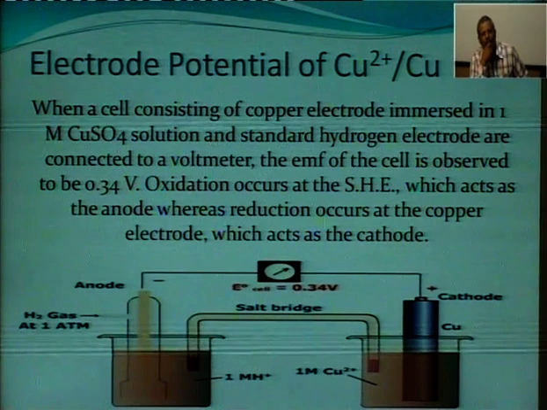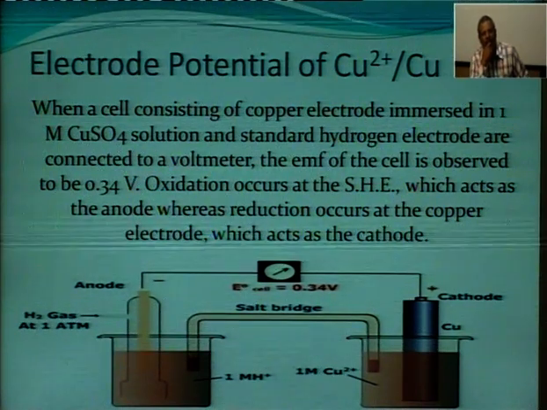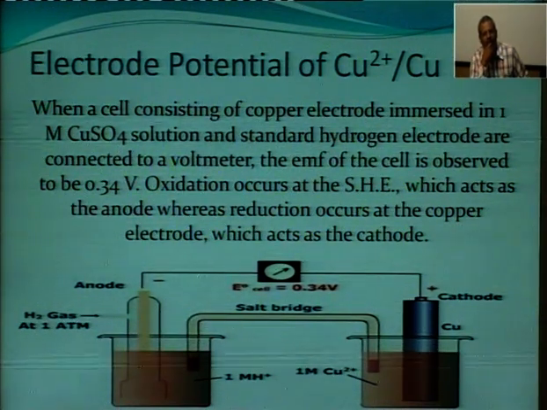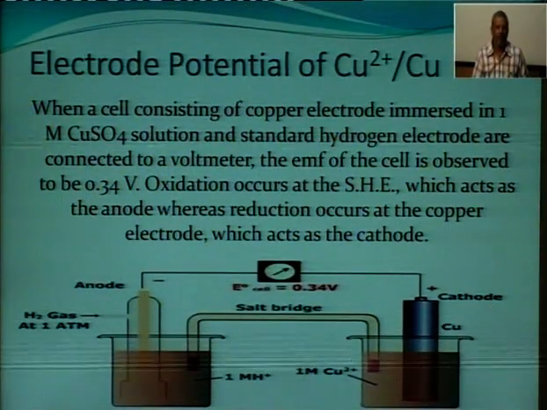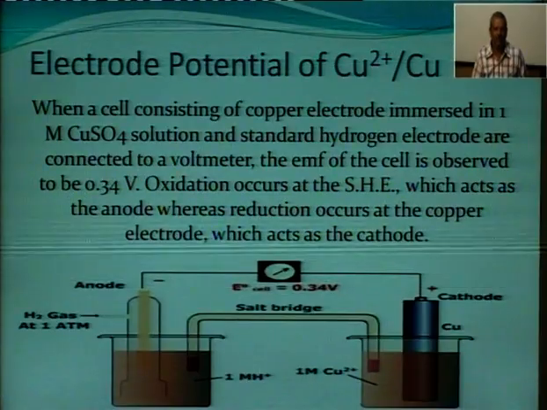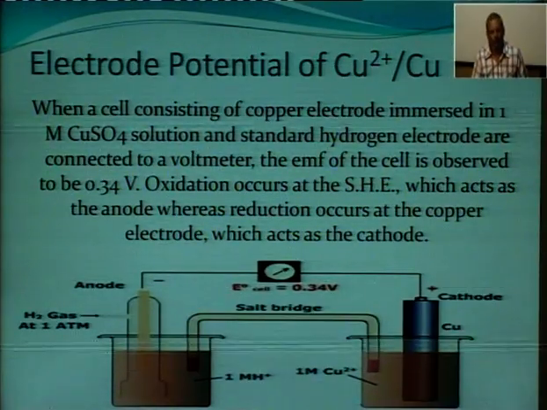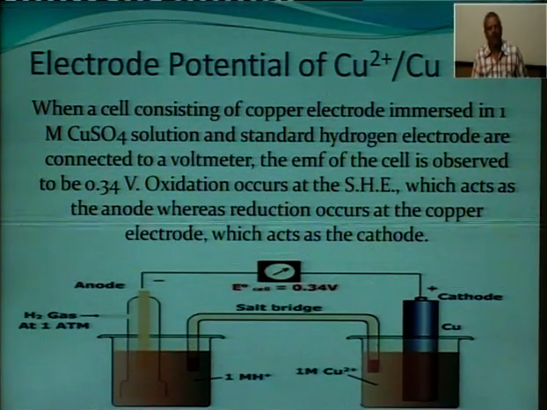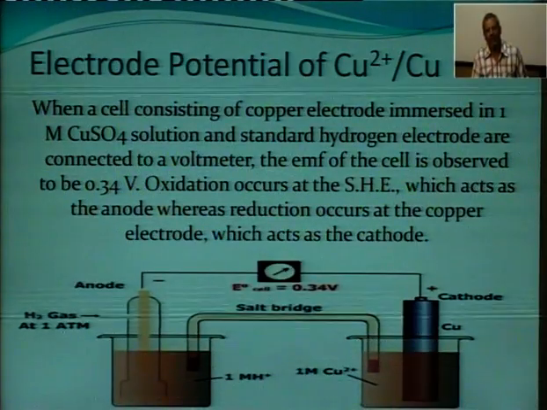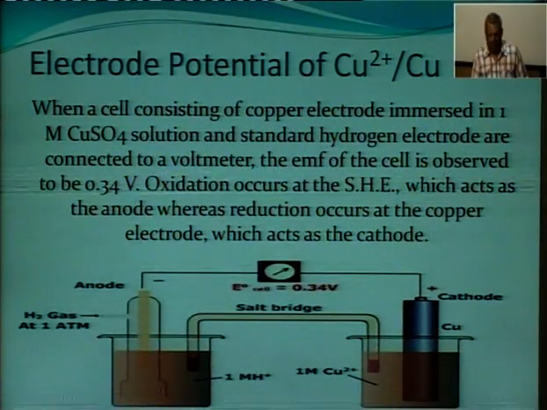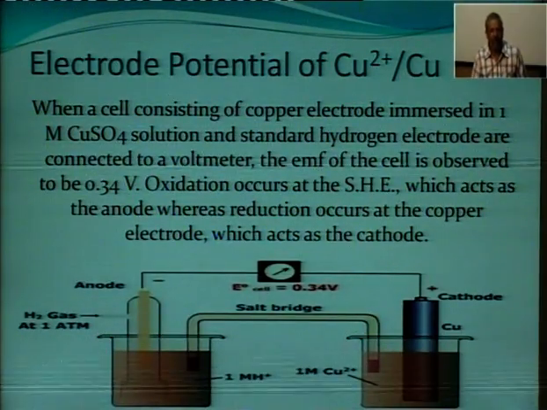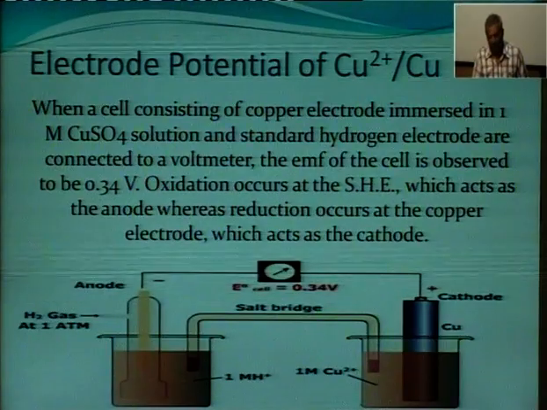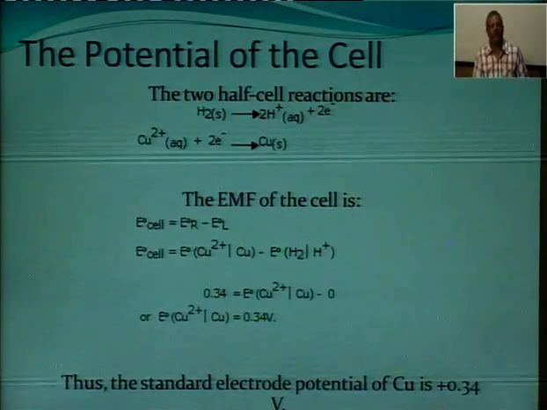The electromotive force of the cell is found to be 0.34. So, here the copper 2 plus changes to copper and it is gaining the electrons. So, by gaining the electron, it means here reduction is taking place.